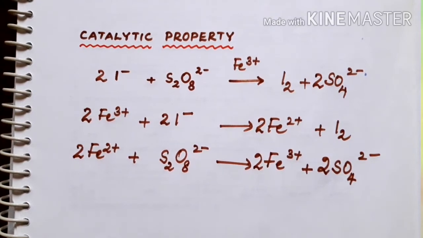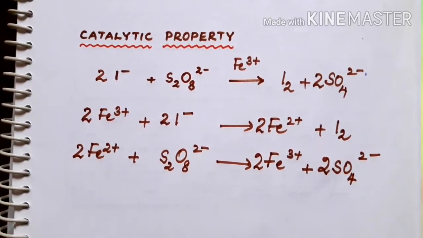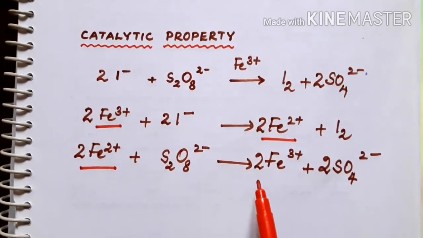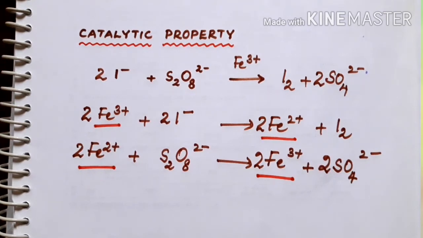Why this happens is because Fe3+ can be converted to Fe2+, and Fe2+ again on subsequent reaction will be converted to Fe3+. So it will get cancelled out. So you find the reaction is happening in the presence of Fe3+ without itself converting into the product.